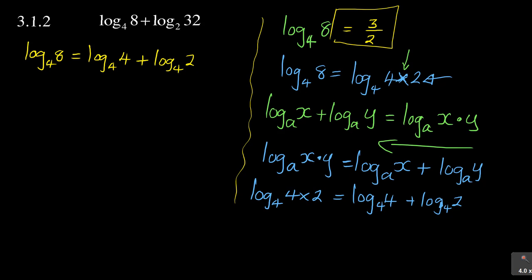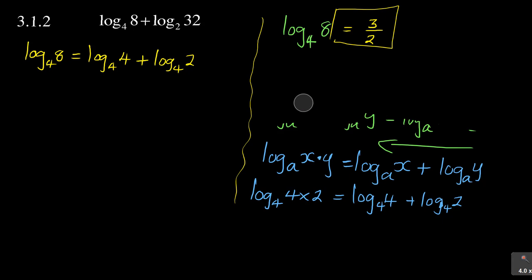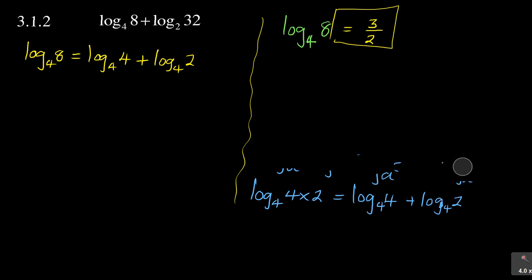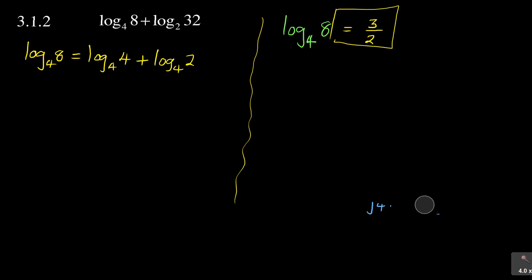Now the next one that we need to simplify, similarly, if I can just erase that part. Remember, this log base 4 of 8 gave us 3 over 2, which we are going to try to prove too.